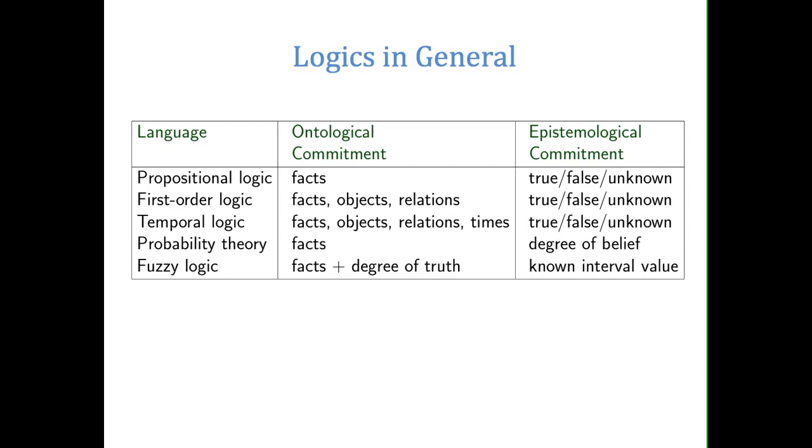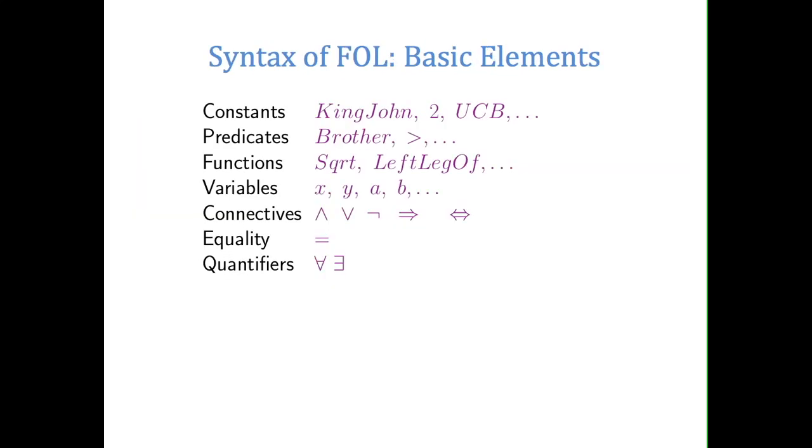And finally, fuzzy logic, which is something our faculty here know a great deal about, has facts plus degree of truth, and it's related to interval computation. We're not going to deal very much with probability theory and fuzzy logic in this class because you've got lots of other opportunities to learn about those here in the UTEP CS department.